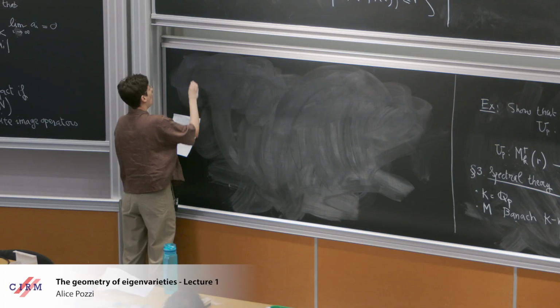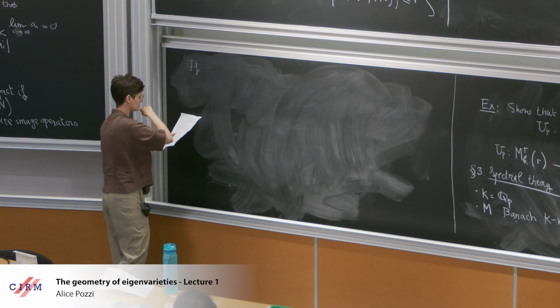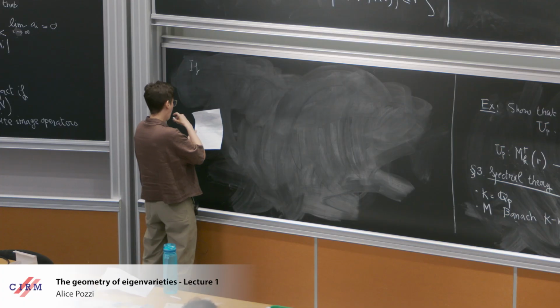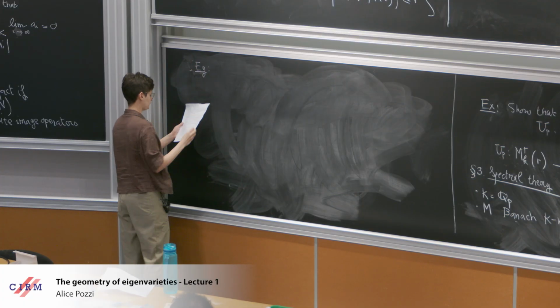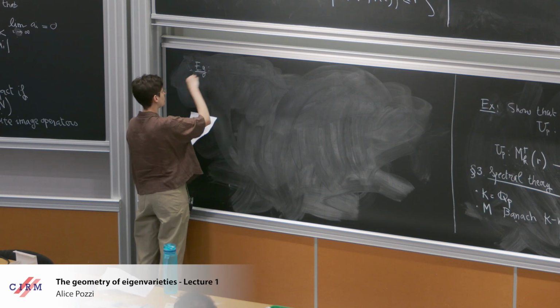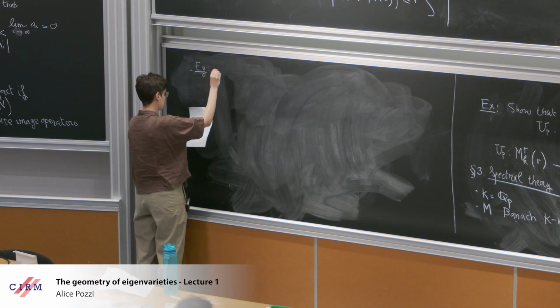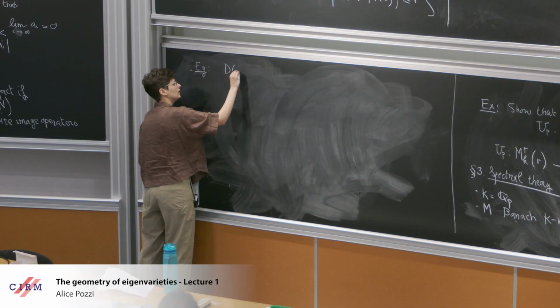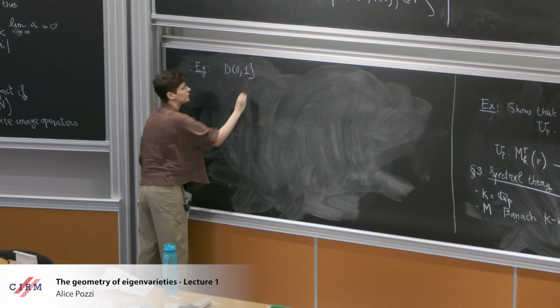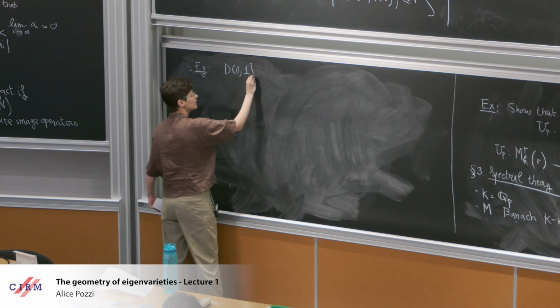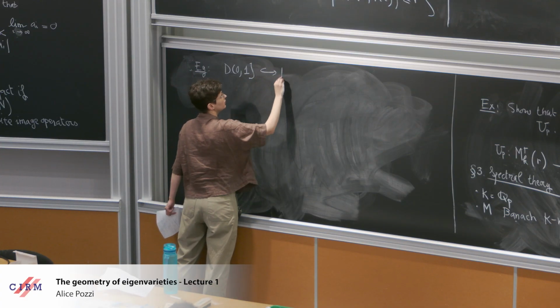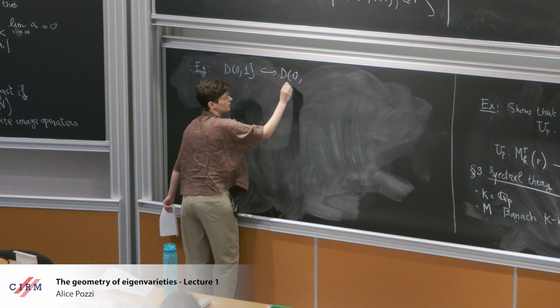The example is: I'm going to take the disk of radius 1 over p as a rigid space and view it inside the disk of radius p.